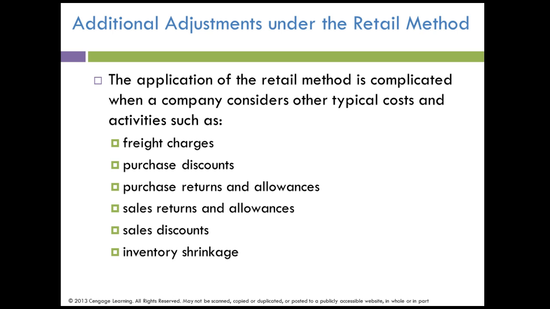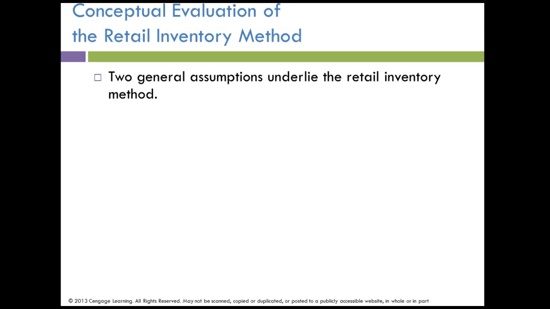As we talked about in the previous chapter, when we're dealing with the retail method and then we start adding other costs into our inventory, it can become rather confusing and cumbersome. So that's why we're not going to spend a lot of time on it.